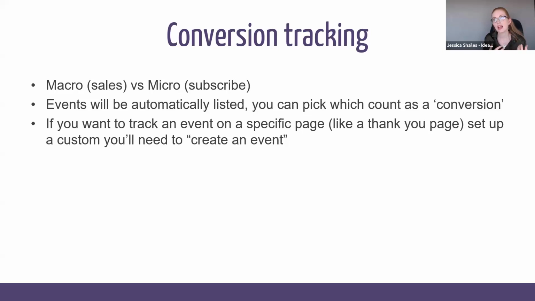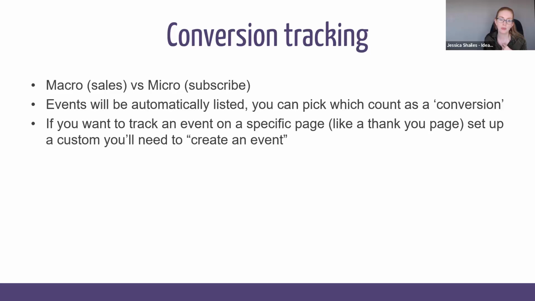So I need to make a decision about whether I would consider that to be a conversion or not. You can add as many different conversions as you like, I think there's a limit of like 30 or something like that. And even if you add all of them, it would be possible to drill down to particular types of conversions, so you only see a report about somebody clicking on telephone or whatever.